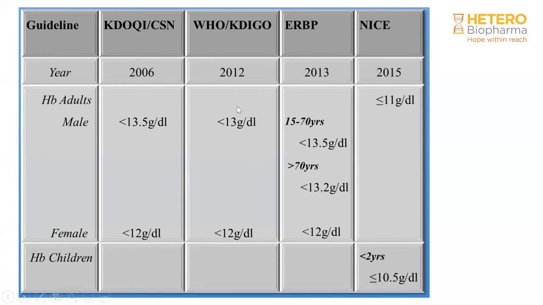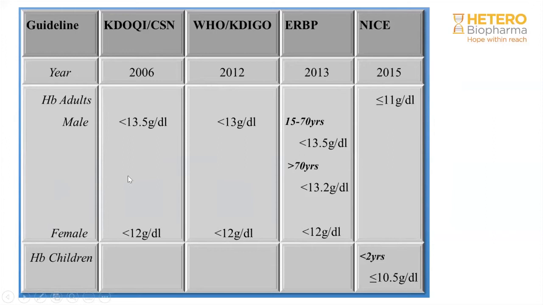When they say adult male, it is anyone who is more than 15 years of age, and in females, it is less than 12 grams per deciliter. In children, KDIGO defines various cutoffs: between 6 months to 5 years, it is about 11; between 5 years to 12 years, it is 11.5; and between 12 to 15 years, it is less than 12. So in children, the guidelines from KDIGO are different.